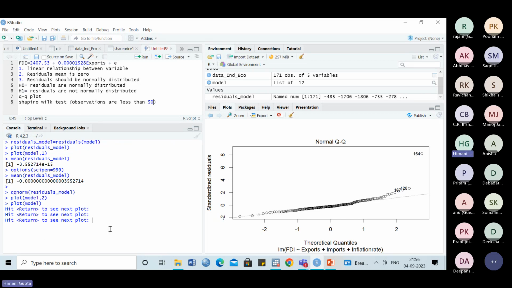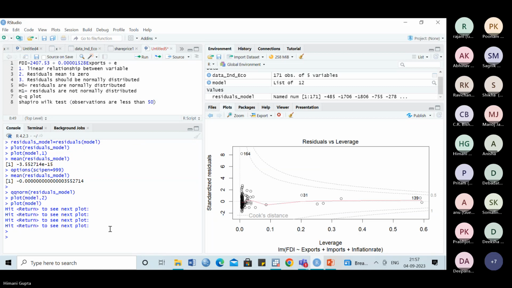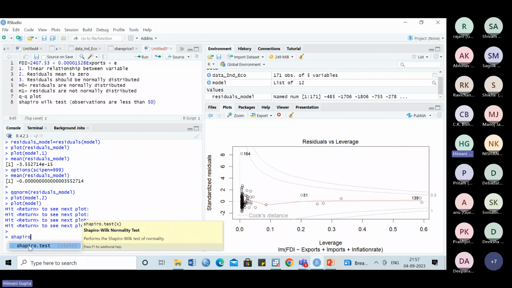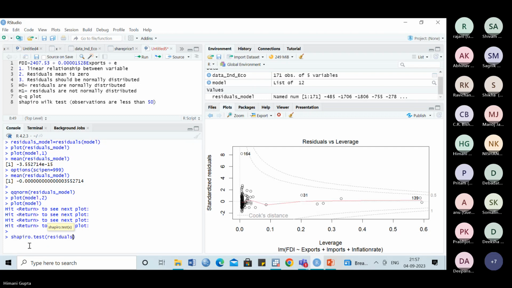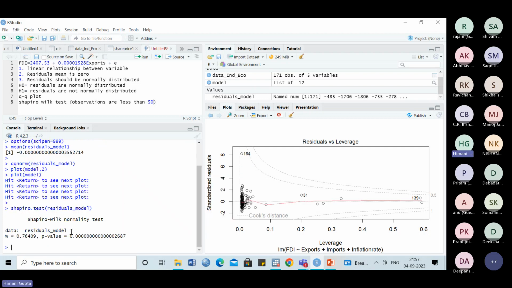So now let's do it. Just write the command for the Shapiro-Wilk test: shapiro.test and then your residuals, residuals underscore model.